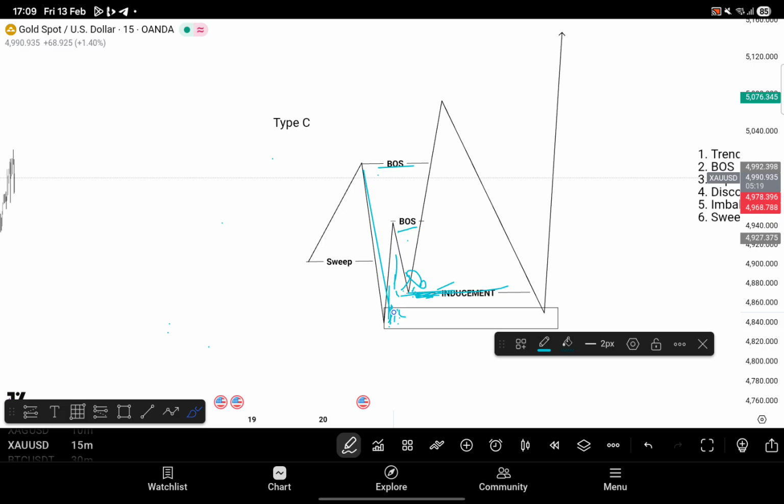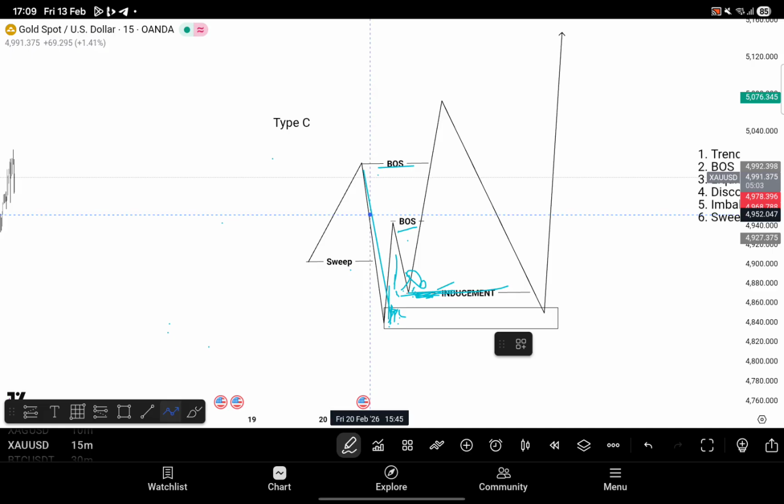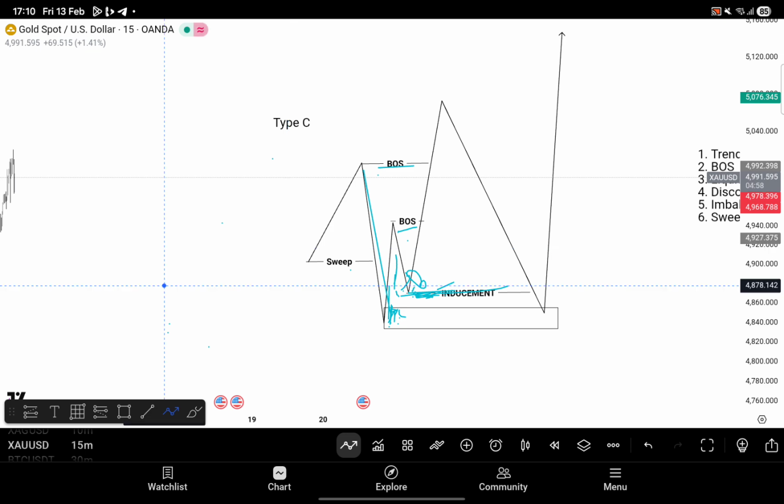And the sixth criteria is the sweep of liquidity. Now, sweep of liquidity is the same thing as sell side liquidity. When we are in an uptrend, we have something that we call the protected low.